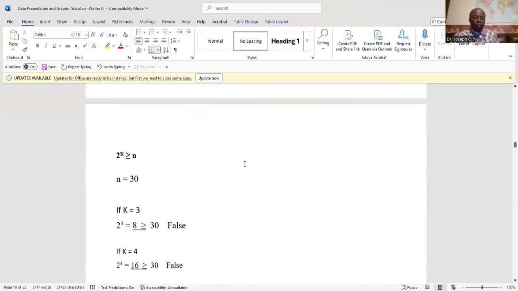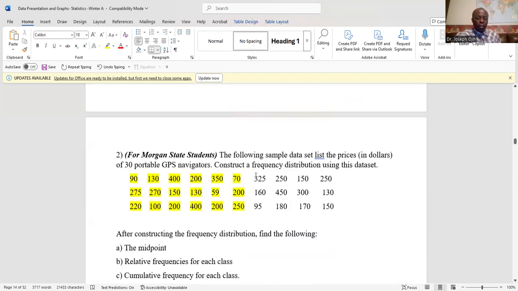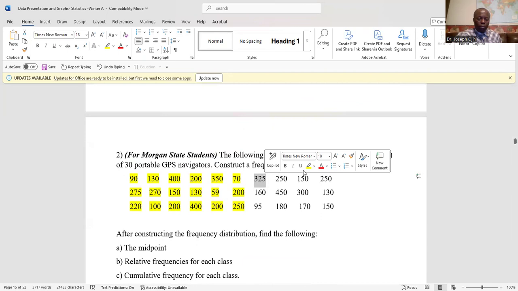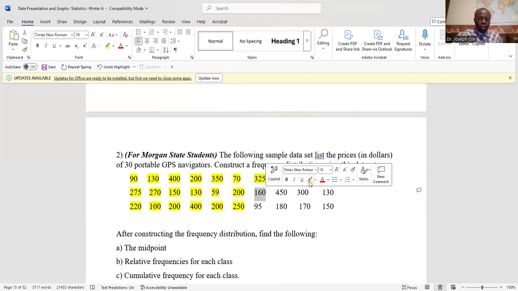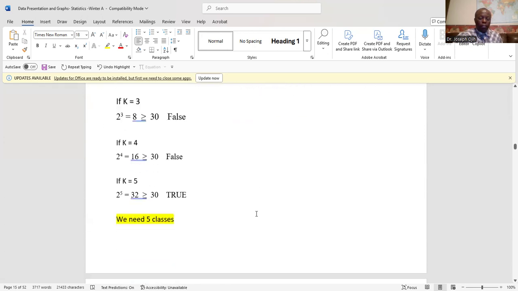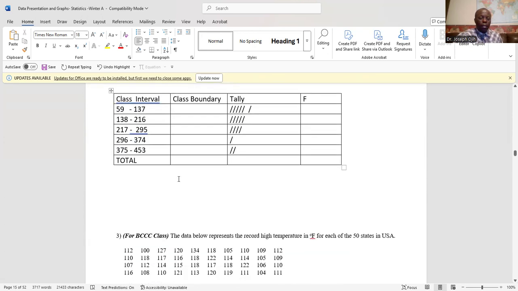Okay. 325 and 160. Look at 325. 325 belongs to this one. 150 belongs to this one. This one already counted 5, so we're going to give a gap.